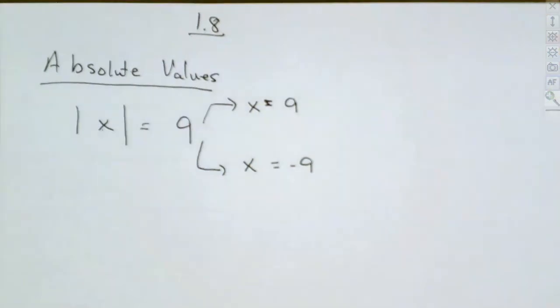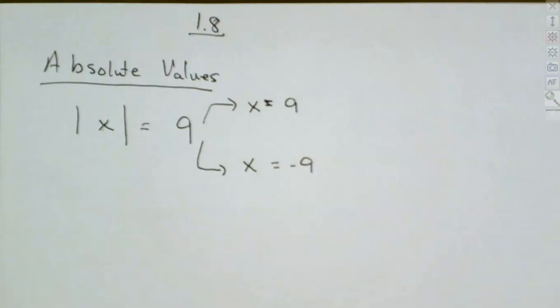Why do we have two answers? Because what's the absolute value of 9? +9, right? What's the absolute value of a -9? Well, that is also +9, right? Why do we get 2? Because an absolute value is going to make that negative number a positive.